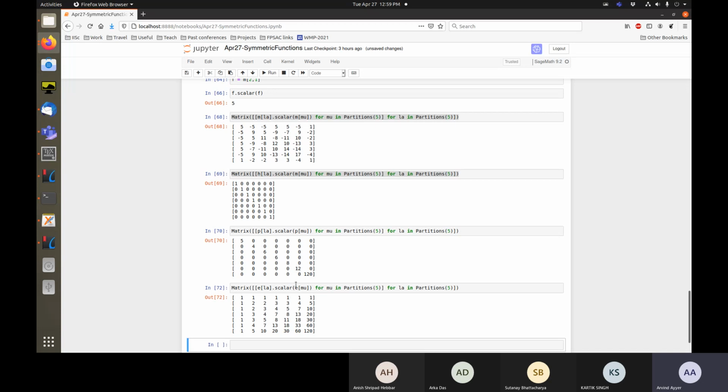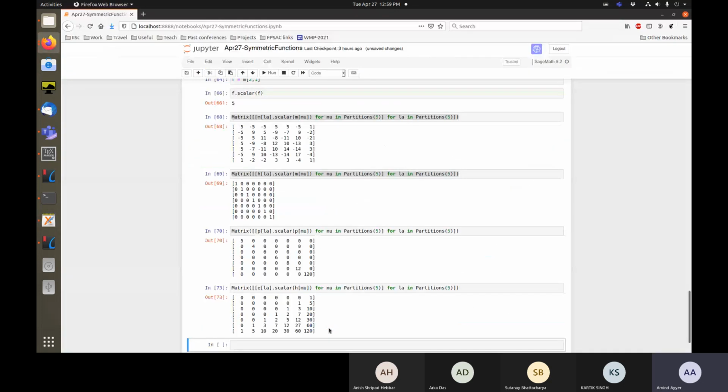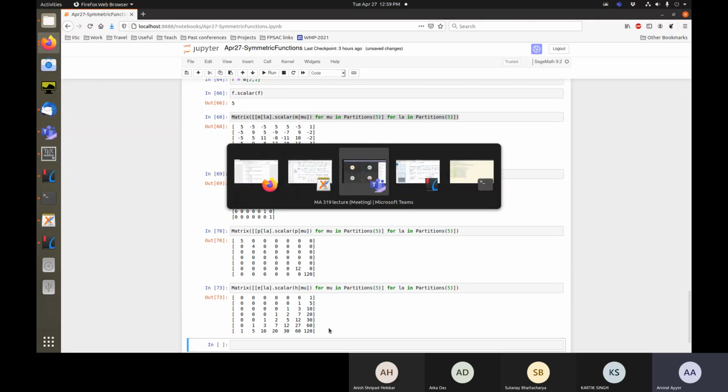Okay, it looks very similar. And so on. You can also do e lambda with h mu, and try to get other things. But I think this is a good time to stop.